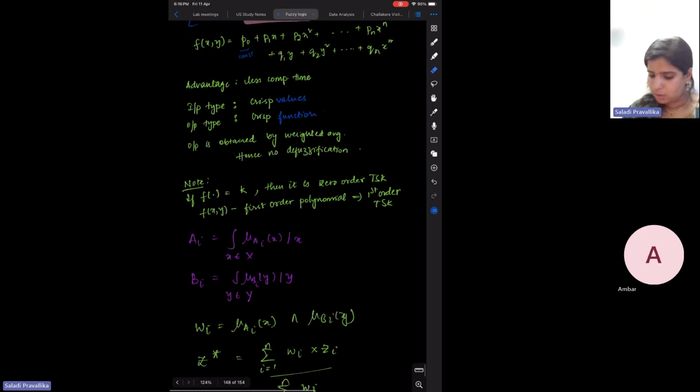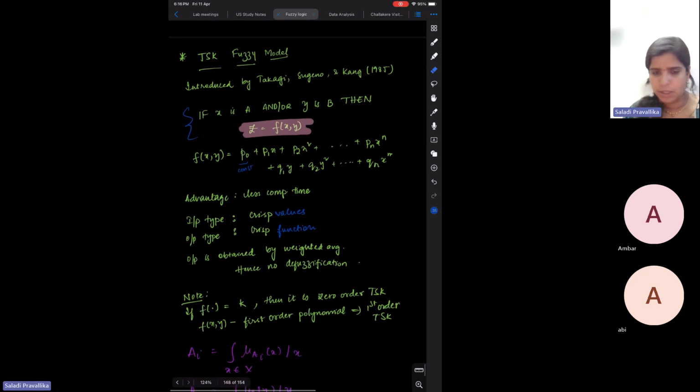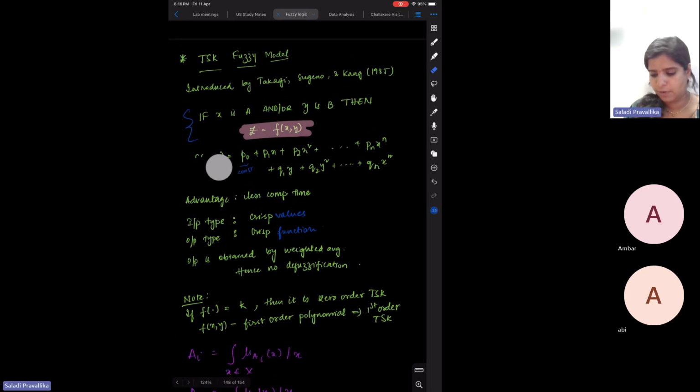So in this equation, let's just look at the f of x comma y. If I put the value x equal to 0 and y equal to 0, then the function is going to be equal to p naught plus 0 plus 0 plus 0. Everything is 0, so the final value is going to be p naught.